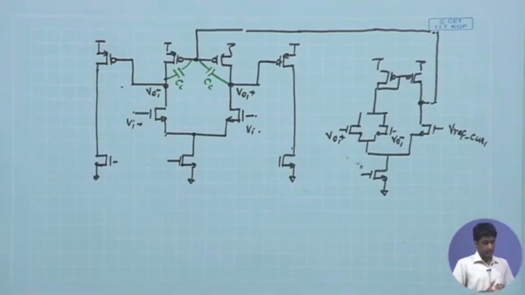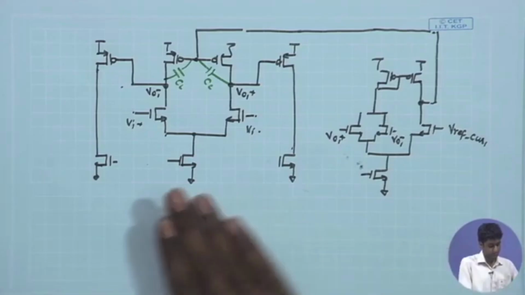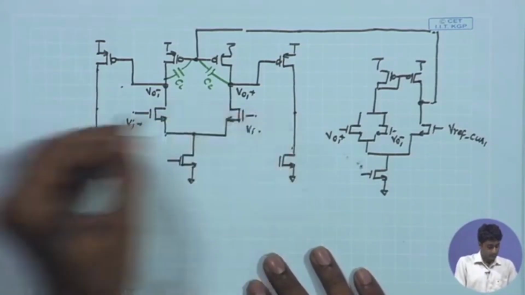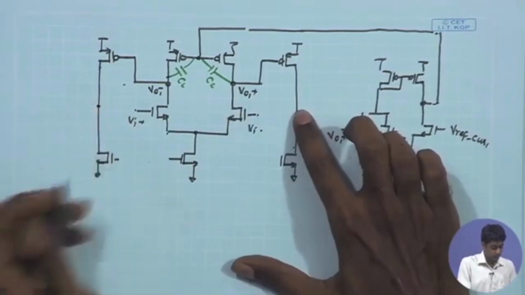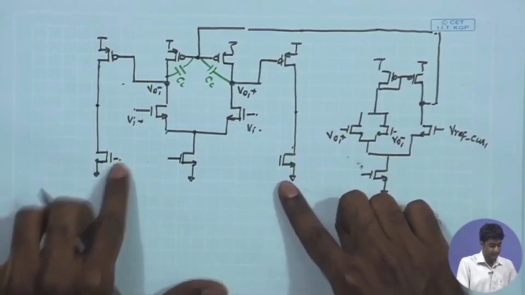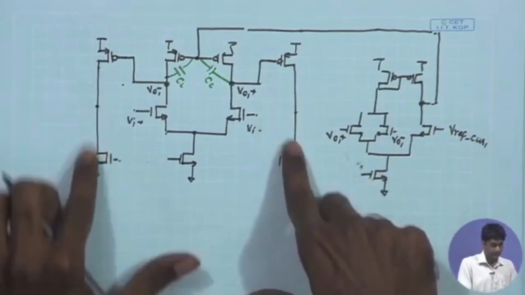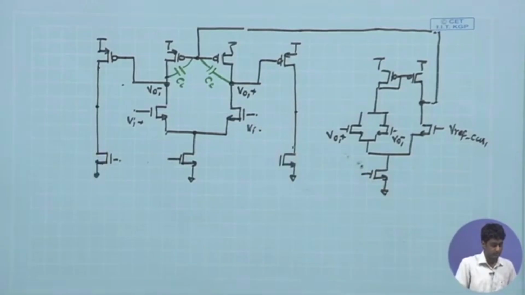Likewise, we can also look for the common mode feedback for the output stage. Before we do that, we have to look at what output is expected from the error amplifier, which is going to provide the common mode feedback for the second stage.